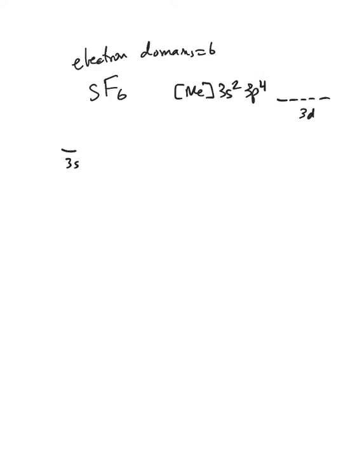So here's my 3s, my trio of 3p orbitals, and my quintet of 3d orbitals. So we got 2 electrons in 3s, and 1, 2, 3, 4 electrons in my 3p. Have these empty 3d.